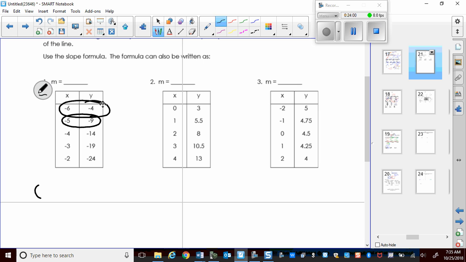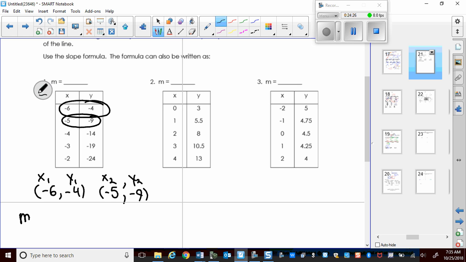Here's my first set, -6, comma, -4. So this is x1, this is y1. And then my second set, -5 and -9. This is x2, comma, y2. Now, I need the change in y's over the change in x's.